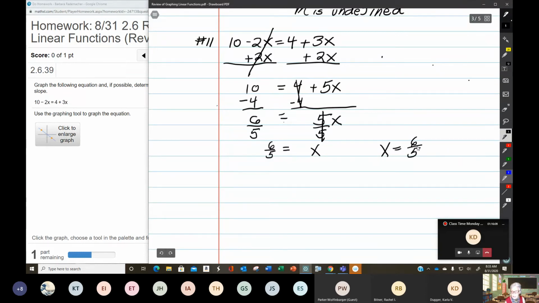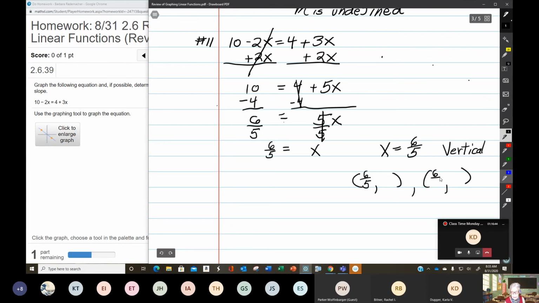That's x equals a number, even though it's a fraction. It's x equals a number, and so this is a vertical line. But it looks like I'm going to have to graph it. So let's come up with 2 points. 6/5 is the x coordinate of both of them, because it says x is 6/5.